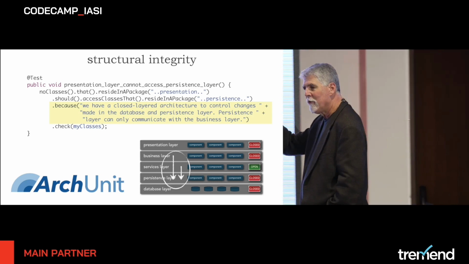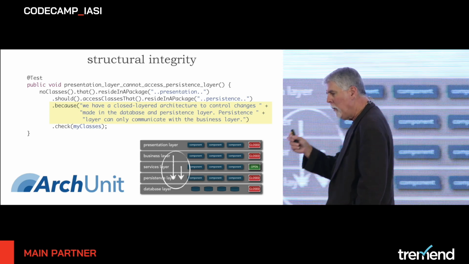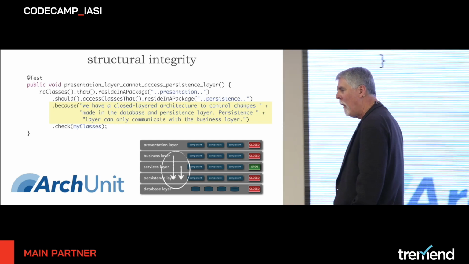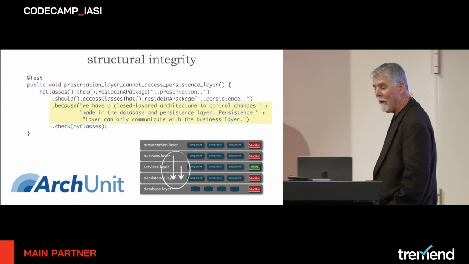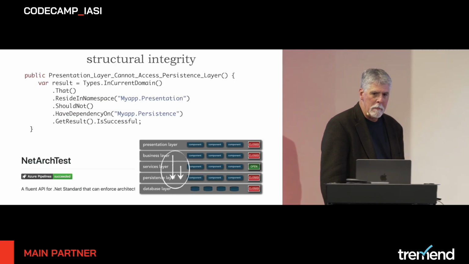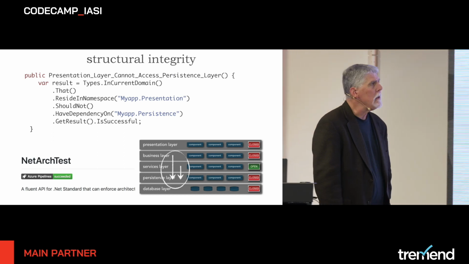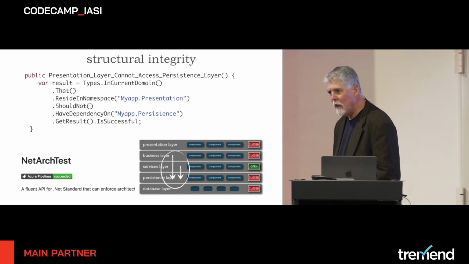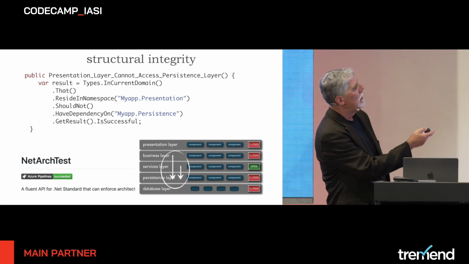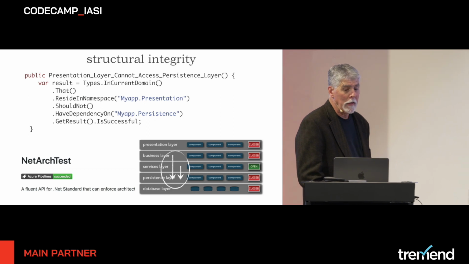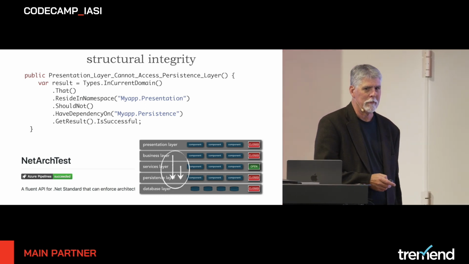Because when this fails, now the developer knows exactly why it failed and what those integrity constraints are. This is cool stuff. As a matter of fact, this is the same thing in C# for .NET. Types in the current domain that reside in the namespace presentation should not have a dependency on my app.presentation or persistence. Yeah, these are really cool tests.